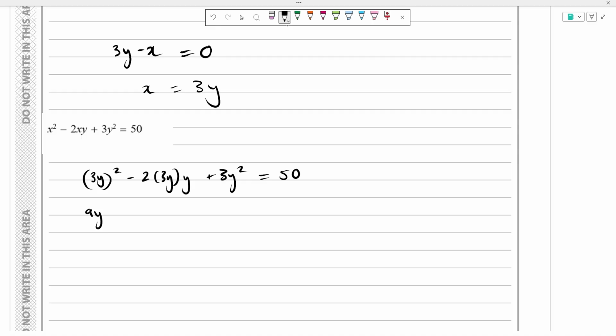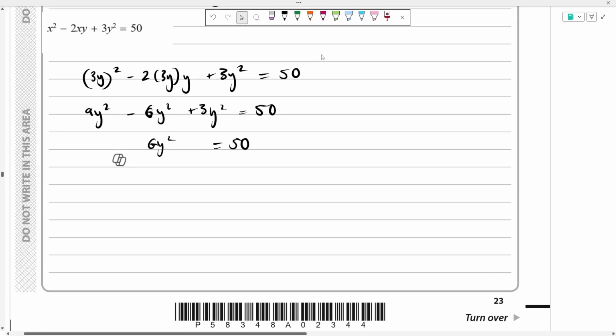This becomes 9y squared minus 6y squared plus 3y squared is equal to 50. 9 and 3 add up to 12, 12 minus 6 gives you 6y squared is equal to 50. Divide by 6, that gives you 50 over 6, which is 25 over 3.